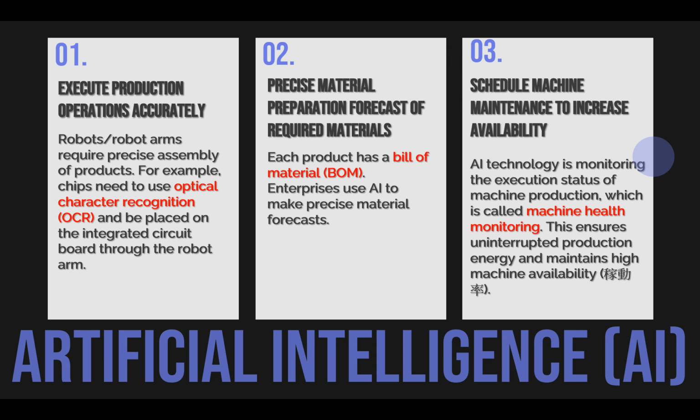AI technology monitors the execution status of machine production, which is called machine health monitoring. This ensures uninterrupted production and maintains higher machine availability. In Chinese, it's called 稼动率. They need to maintain a higher machine availability.